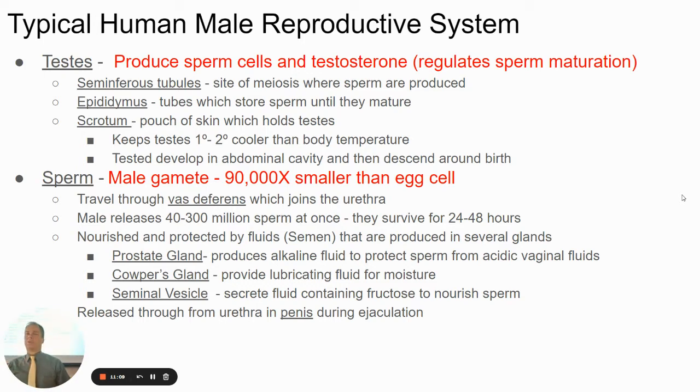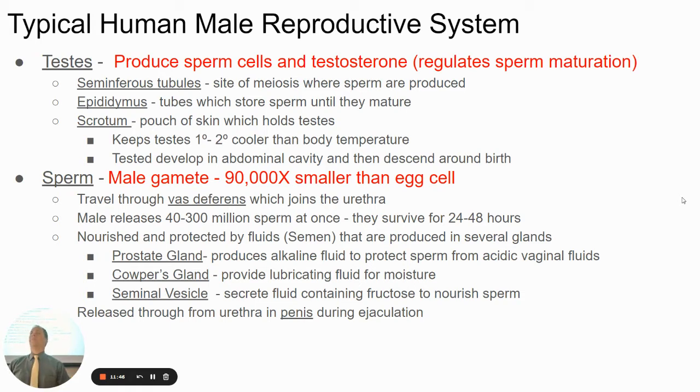And they travel through, I'll show you the diagram in a minute, a tube that's called the vas deferens, which goes from the testes up into the abdomen. It merges with the urethra and then out through the penis. So in a single ejaculation, a male can release 40 million to 300 million individual sperm cells. Okay. And they can survive for 24, 48 hours or so.